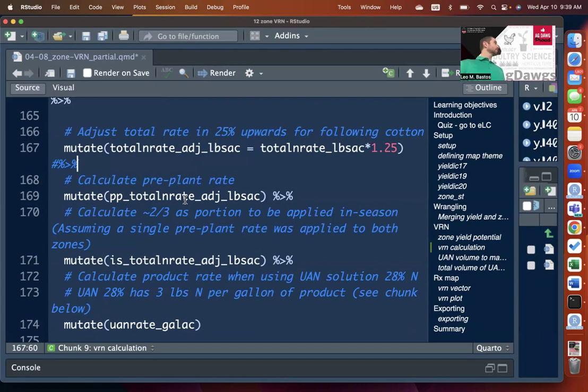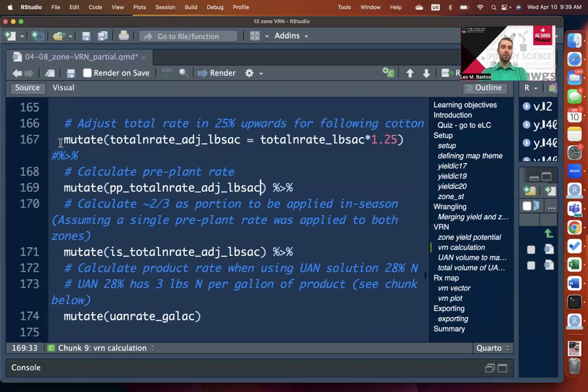So in our case here, we want to apply a fixed rate across the field at pre-plant or at planting, and then allow the side dress application to be variable rate based on our zones. With that, let's just calculate a pre-plant rate for both of our zones.